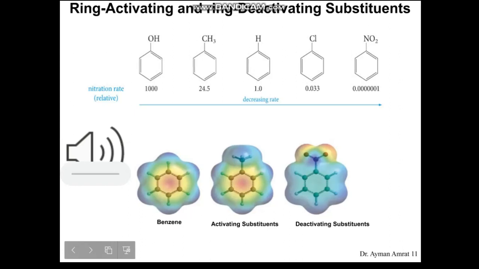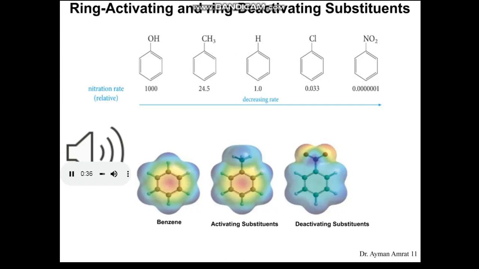Ring activating and ring deactivating substituents. Compared with benzene, substituted benzene could be more active than benzene or less active. Toluene and phenol are more reactive than benzene, so the substituent is an activating group, while for those less reactive than benzene, the substituent is a ring deactivating group.